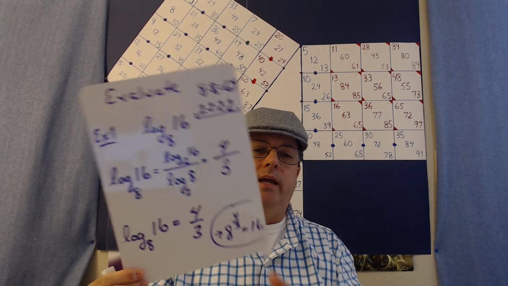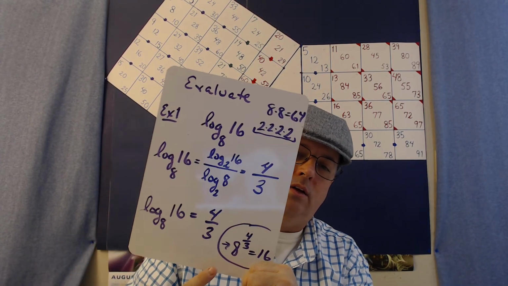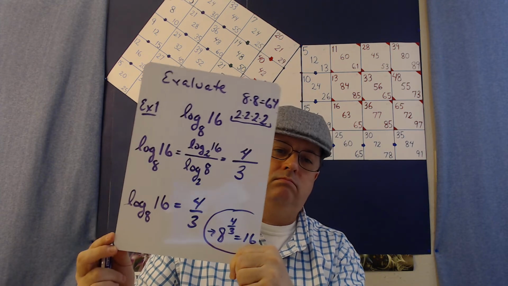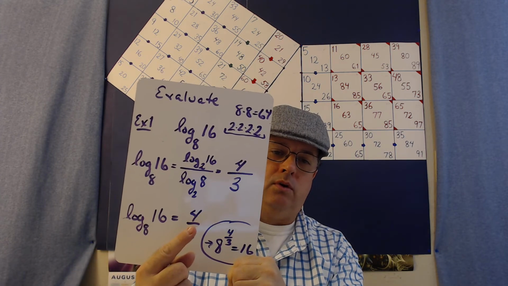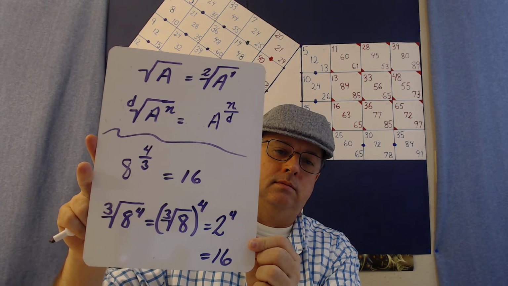And so that's why log base 8 of 16 is 4/3, because 8 to the 4/3 is 16. And this kind of goes back to what logarithms are.